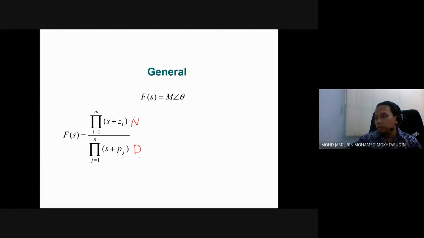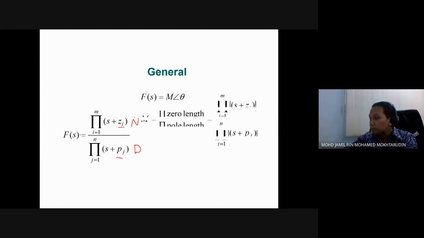The first thing to do is to find the zeros and the poles of the transfer function. Then you can find the value M by calculating the product of the lengths of the zeros divided by the product of the lengths of the poles.